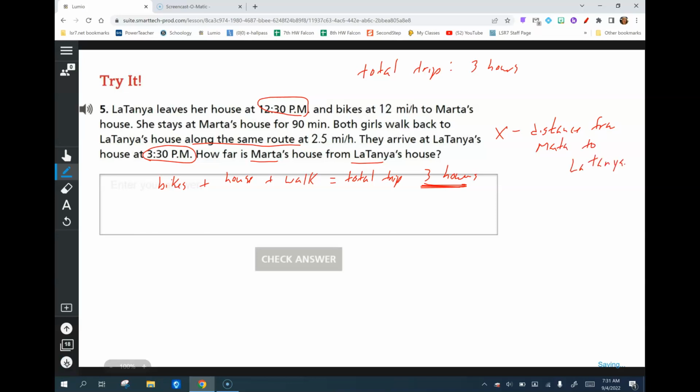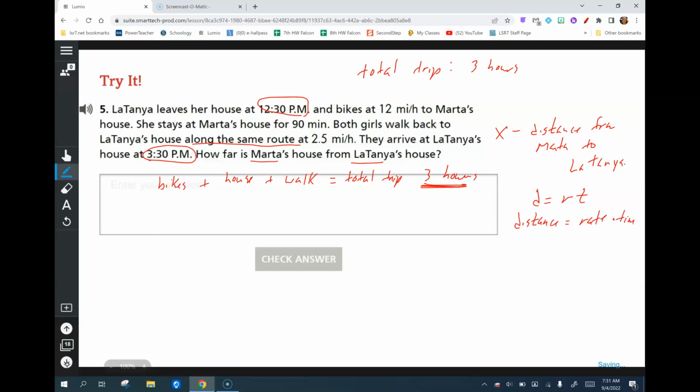Okay, so on this one, what's going to happen is that we have to make everything time, even though we're talking about distance. Well, another thing you need to understand is when we're talking about time, there is a formula that distance is equal to rate times time.